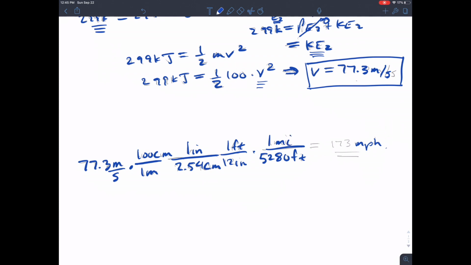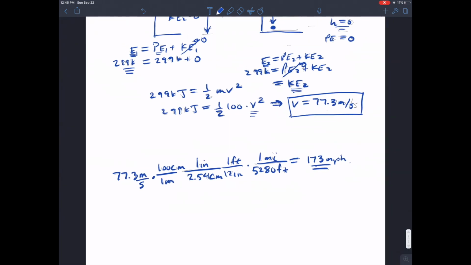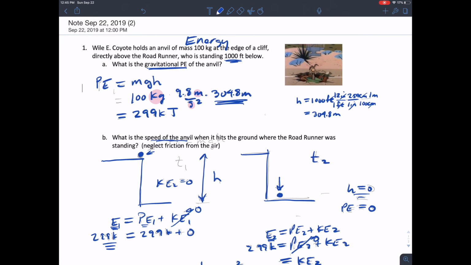Okay, so these are just conversion factors that I already had memorized. On an exam, I would give you a table of conversion factors that you could use. Okay, so I do this calculation, and what I get is 173 miles per hour. All right, so hopefully you can step through this and understand all the steps in this calculation.